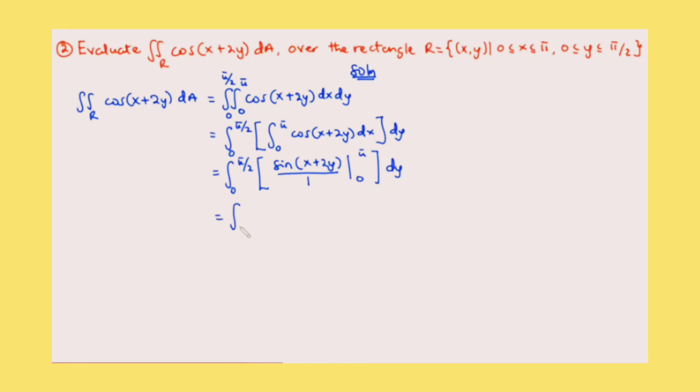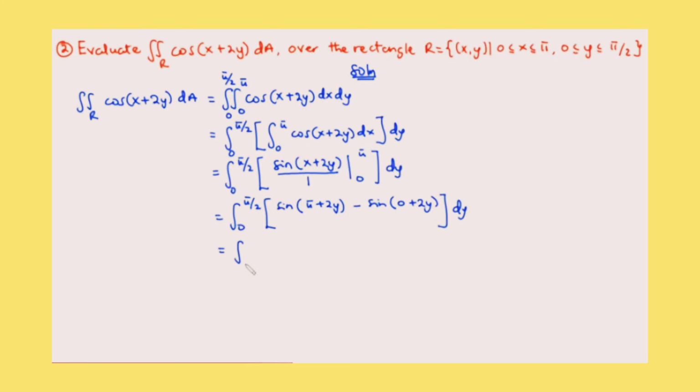The next thing is we are going to input the upper and the lower limit in place of x in this function. So we have the integral from 0 to pi/2, and then inside we have sine, that is in place of x we have pi, so sin(pi + 2y) minus sin(0 + 2y), and then times dy on the outside.